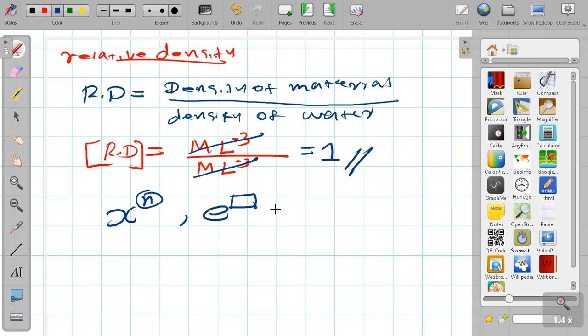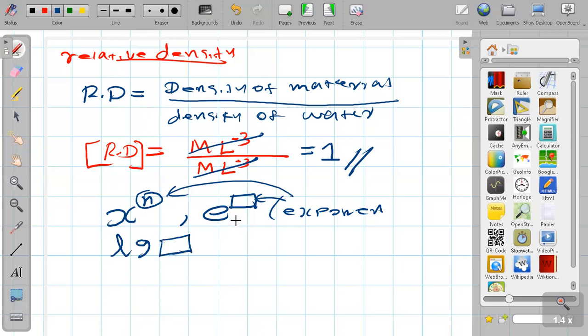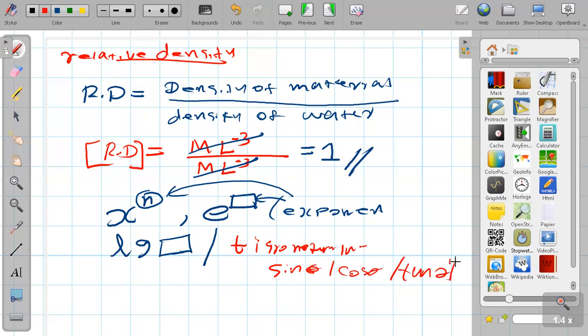These are known as exponents. Or logarithmic values, log of something, or trigonometric identities like sine theta, cos theta, tan theta, whatever. All contain what?